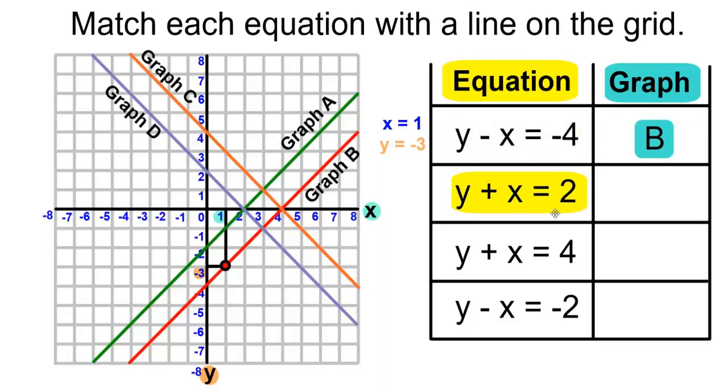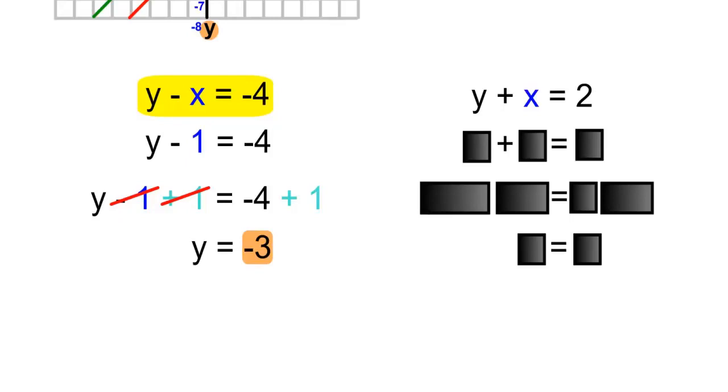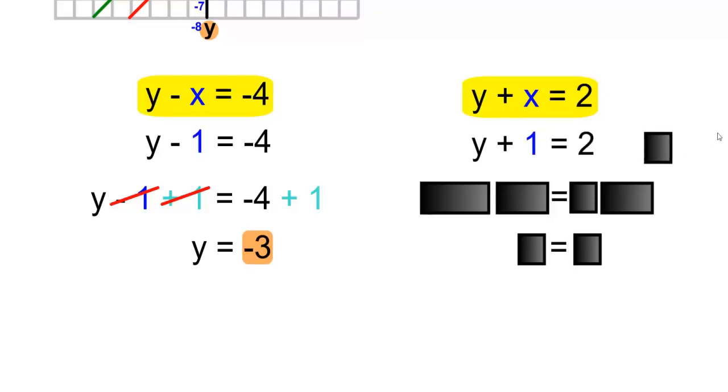The next equation is Y plus X equals 2. Again, we'll use X is equal to 1. And now we'll solve for Y. The equation is Y plus X equals 2, so Y plus 1 equals 2.